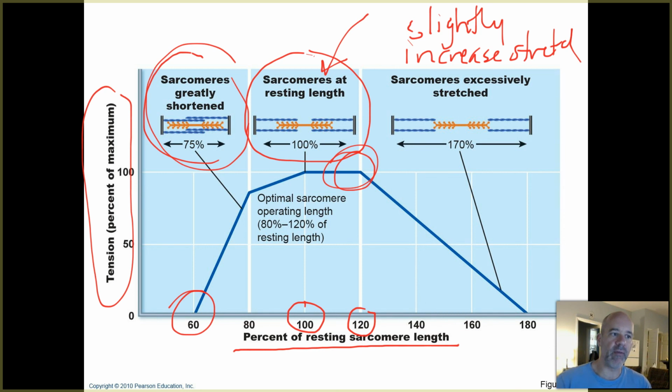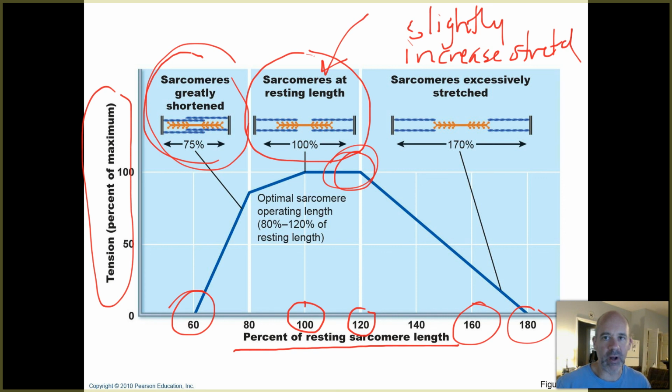Now what about if you have your sarcomeres excessively stretched? So let's say you were at 160, 180% of normal. What if you had your arm all the way extended out like this and then you tried to pick up a heavy weight?